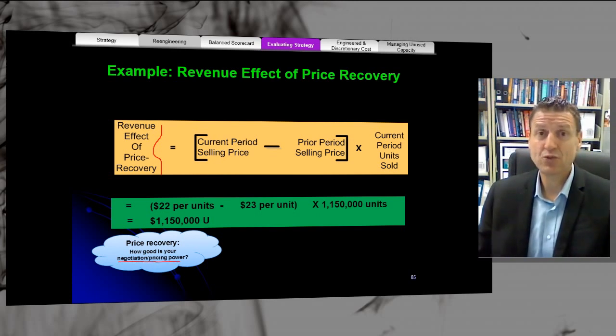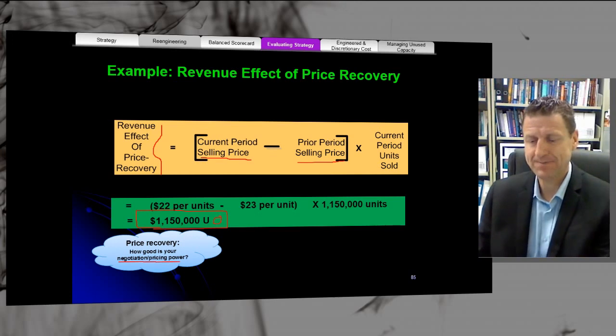That's what this recovery ratio is telling you. The current selling period price was $22 per unit, and prior period selling price was $23. So now we have 1.15 million unfavorable. Wow, that's not a good sign for price recovery, is it?